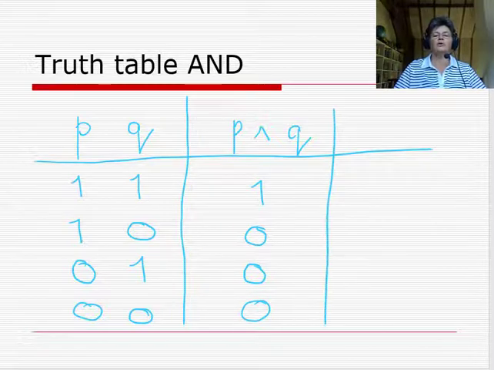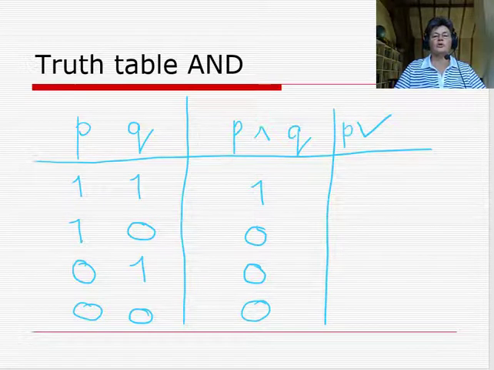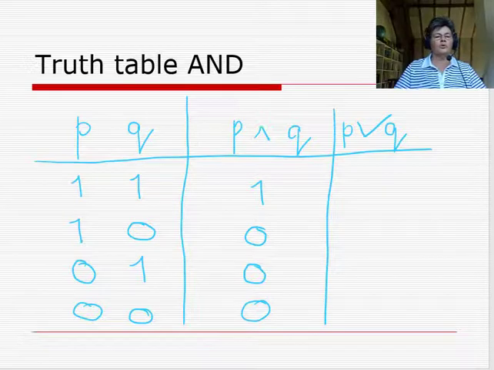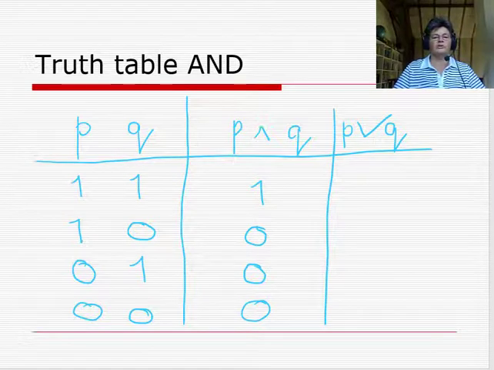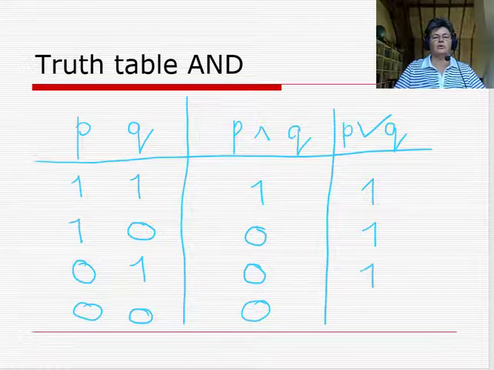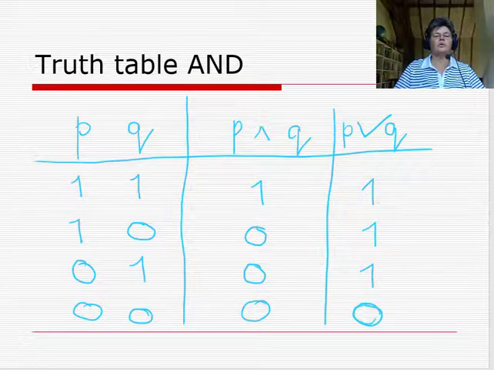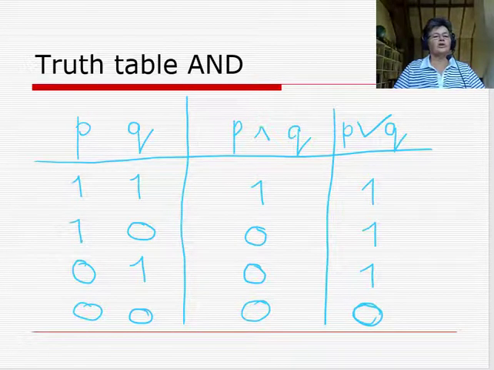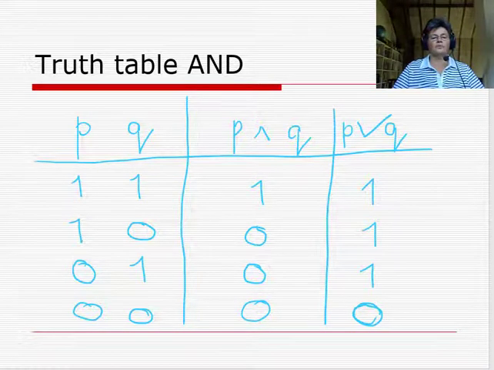We can also look at an OR, a disjunction, so P or Q, and P or Q is true when one of the two is true. So in this situation it's true, P is true, Q is true, and only in the situation when both are false, the disjunction, the OR, gives us a false.